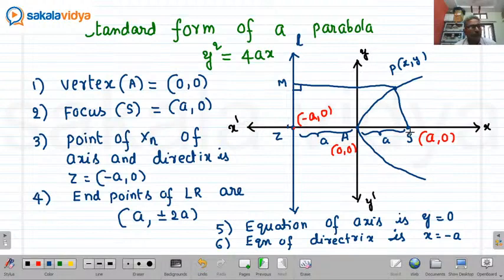The distance from the focus to the directrix is a plus a, which is 2a. All these points we need to write.